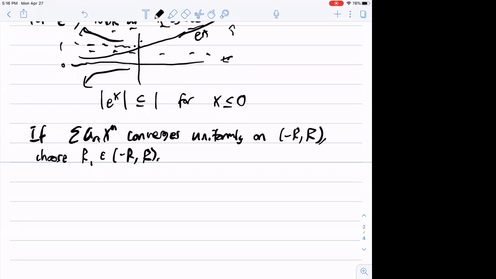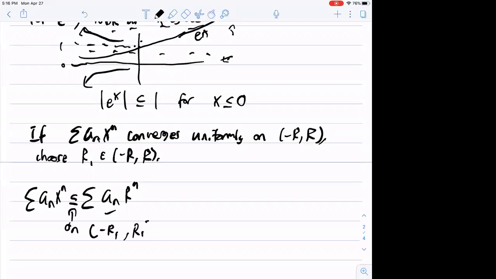It sort of depends what your a_n is, but if this thing is always positive, then it's certainly smaller than or equal to this thing on negative r1 to r1.